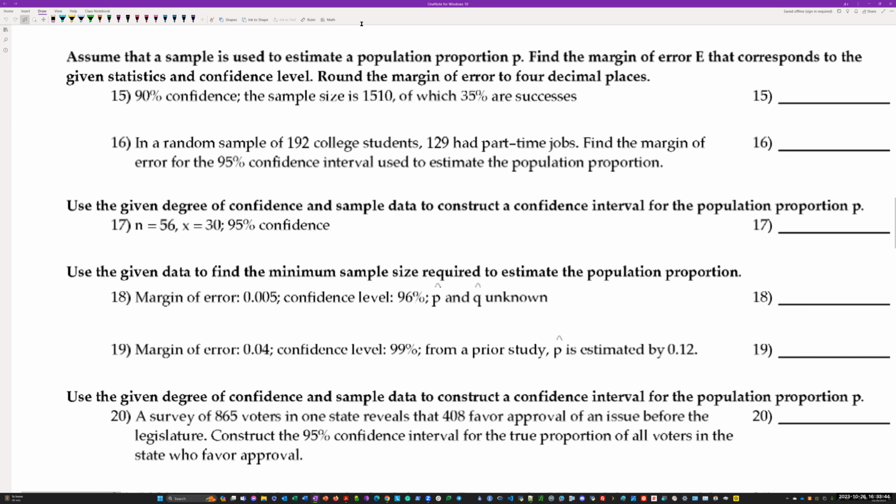Well, that's correct. What'd you say? Oh, for the margin of error, you said? 0.3125? No. How'd you get that?